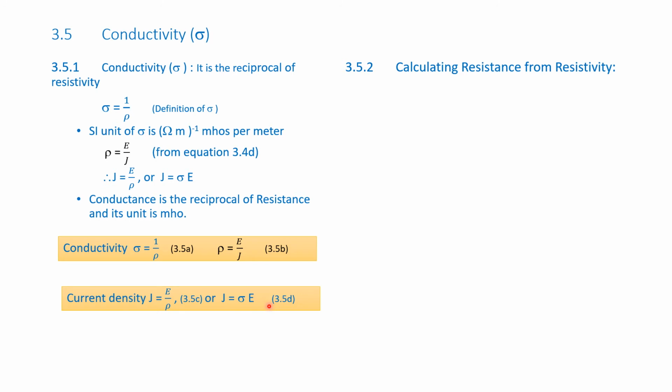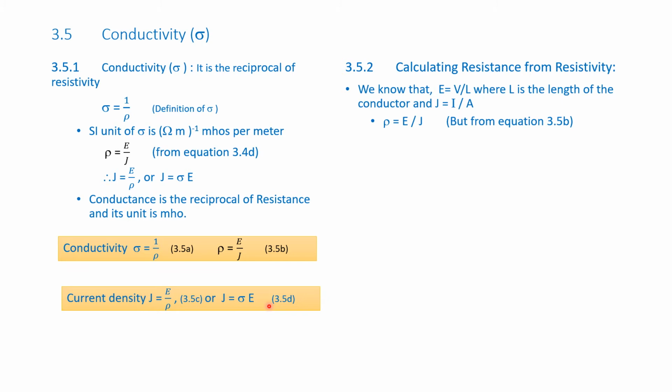Now we will write the relationship between resistance and resistivity. We have studied what is resistance separately, and we have also studied resistivity separately. Now let us develop the relationship between resistance and resistivity. We know that E is equal to V by L, that is, field is equal to voltage per length, where L is the length of the conductor, and J is equal to current per unit area.